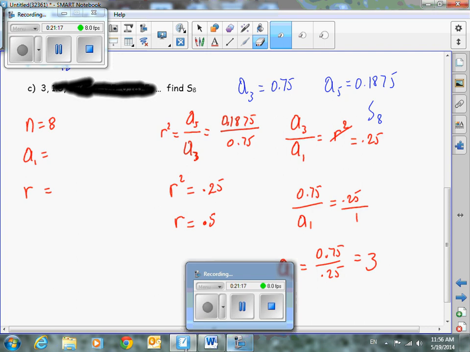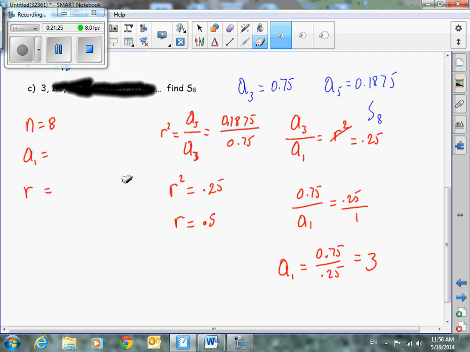You see that, right? This one was easy because they gave you everything. Now we were able to figure everything out first before we can apply the sum formula. So we know that A1 is 3 and R is 0.5.